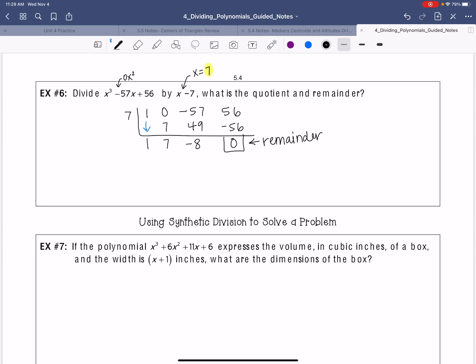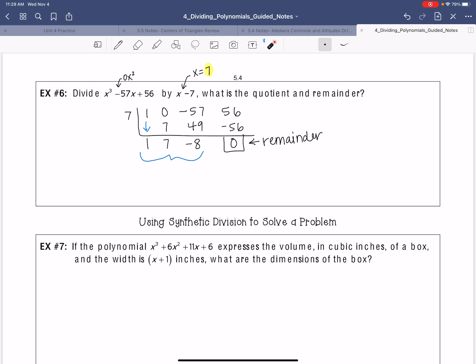So what this represents, again, we're always going to start 1 degree less, which makes sense. There's 3 terms here. So it has to start with an x squared, an x, and then a constant. We know we're going to start with an x squared because this was a cubic function. It's always going to be 1 less because we're dividing out a linear function, 1x.